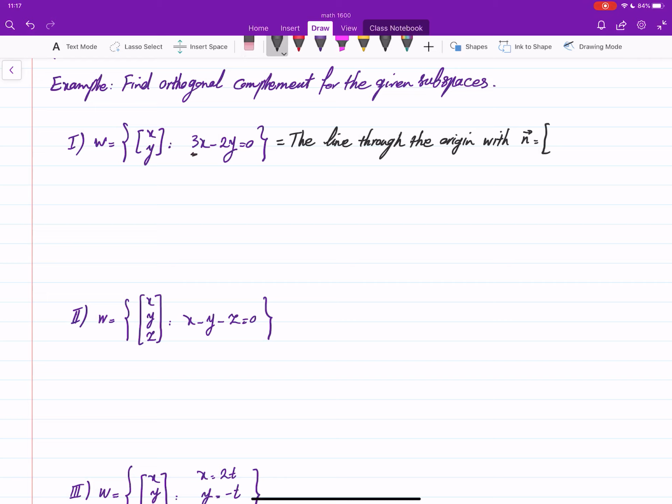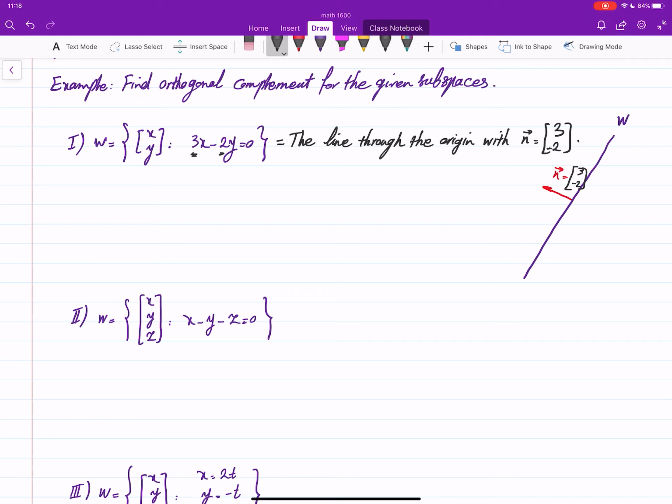You pick the coefficients of x and y from the general form. In this case, it is 3 and negative 2. So this will be (3, -2).